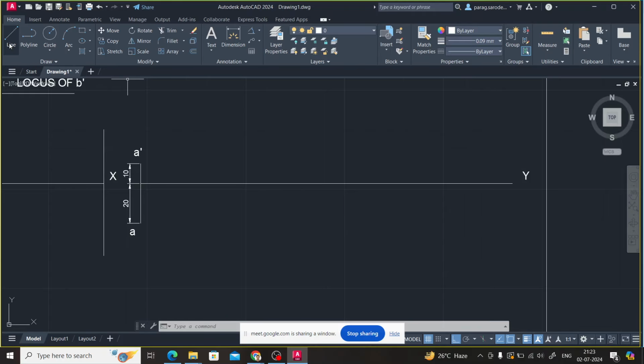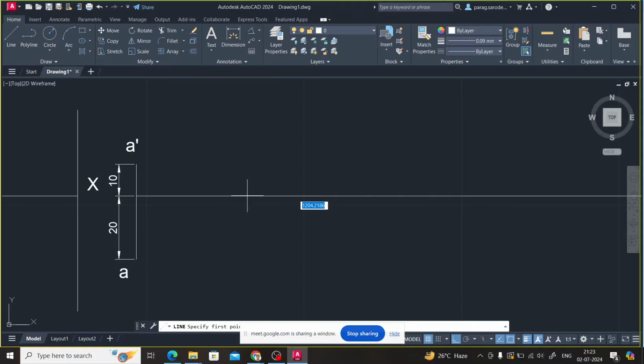So look very carefully. I'm taking the line command. I will take a reference of A dash. How much is the length of the line I want? 70. Now it doesn't matter whether the ortho mode is on or off. I will type 70 first from the keyboard. Then I will press shift and less than, or I will press a tab.